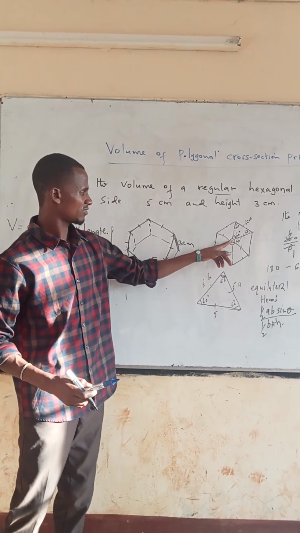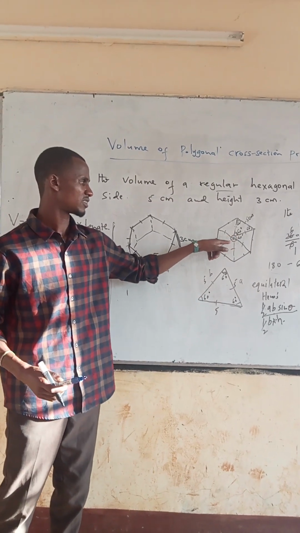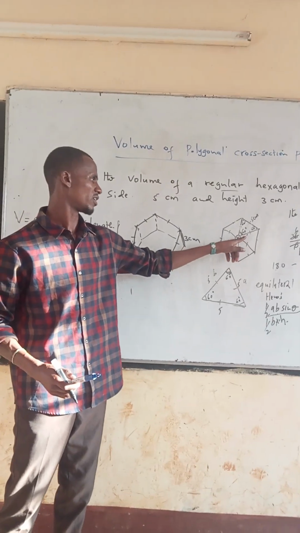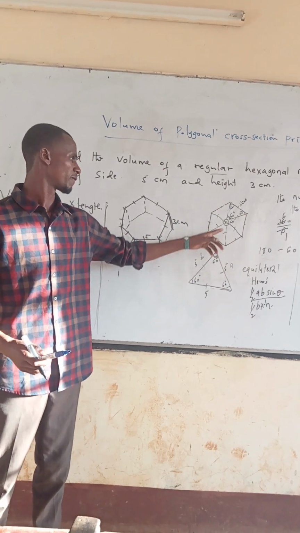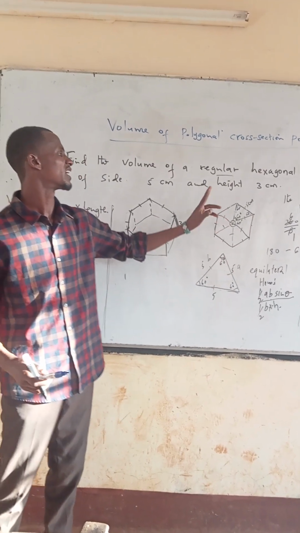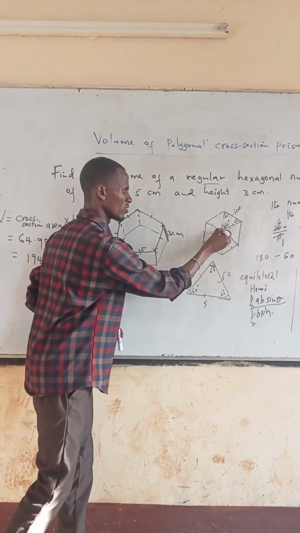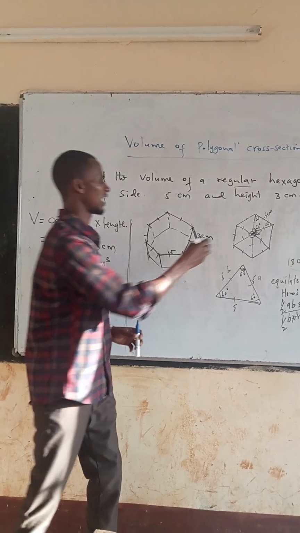Then, the angles at a point add up to 360 degrees, and because here you have 6 triangles, we say 360 divided by 6. That will give us one angle of the triangle, or the angle at the center.